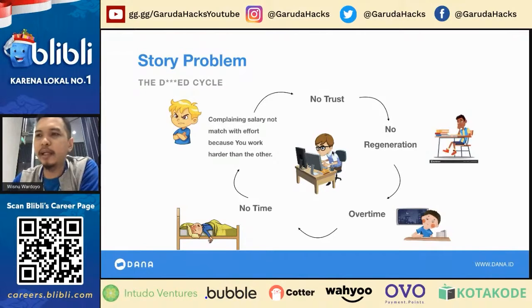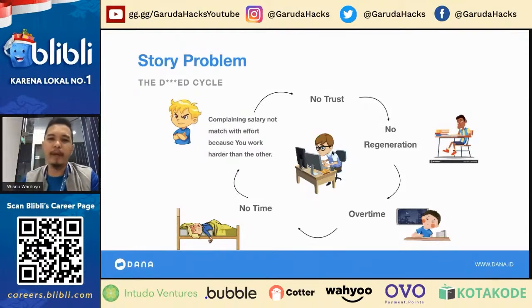But to break this cycle is not easy, because when you break this cycle, it may impact all the departments. The first department maybe business, because when you break this cycle, it will need more time to prepare.